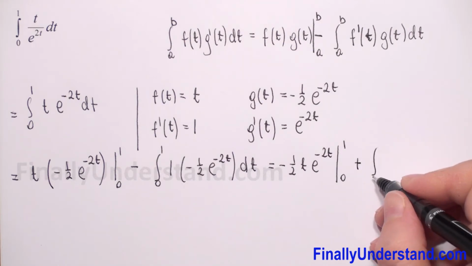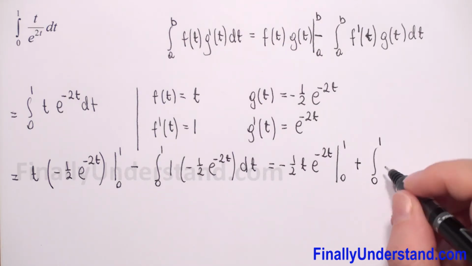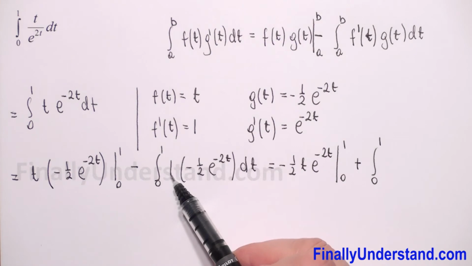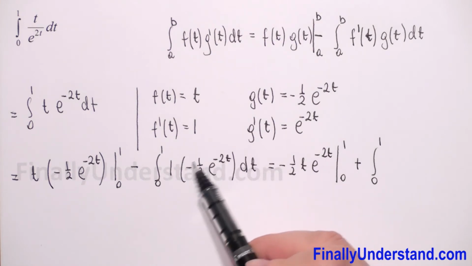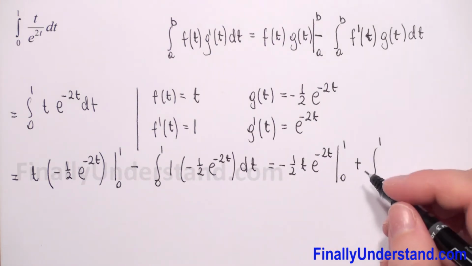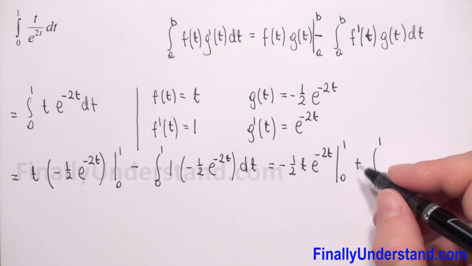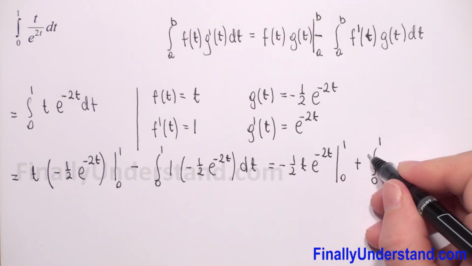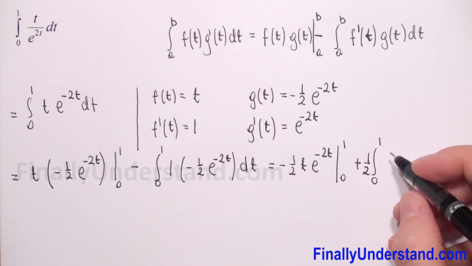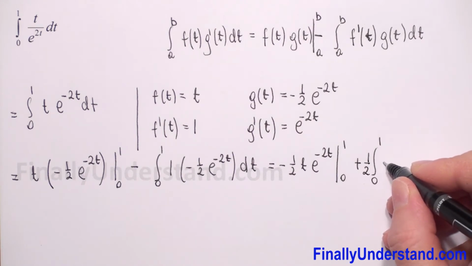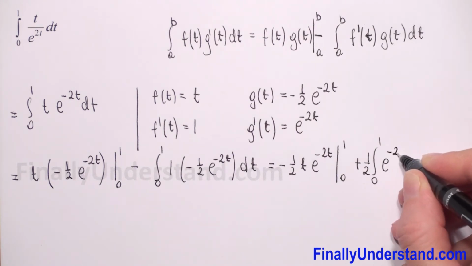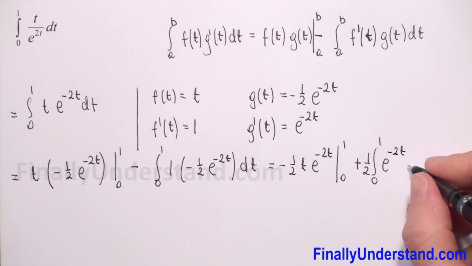And we have the integral from 0 to 1 of, when we multiply by 1, still 1/2 e to power negative 2t. So first I will take this 1/2 before the integral, and we have the integral only of e to power negative 2t with respect to t.